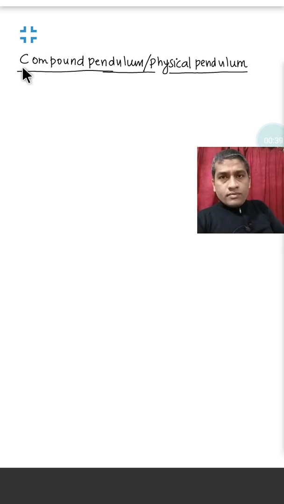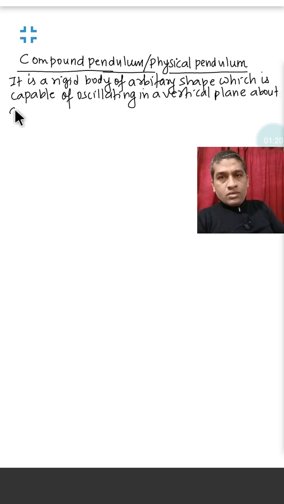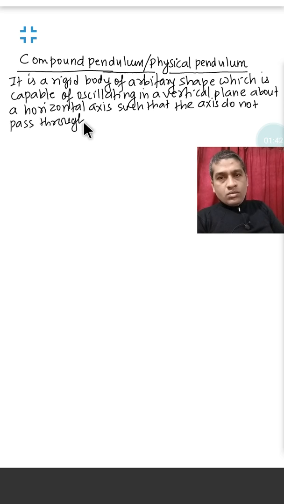So I am writing: it is a rigid body of arbitrary shape which is capable of oscillating in a vertical plane about a horizontal axis such that the axis do not pass through the CG.